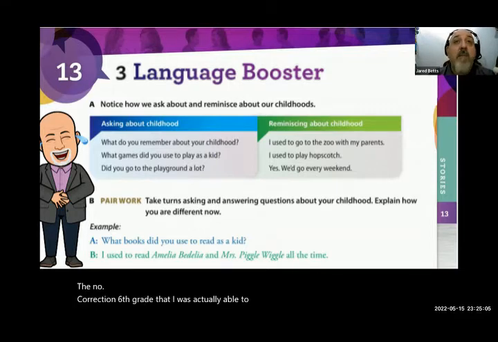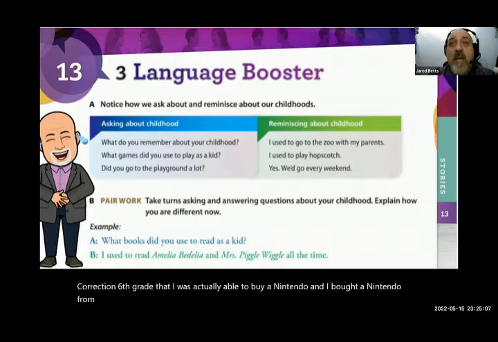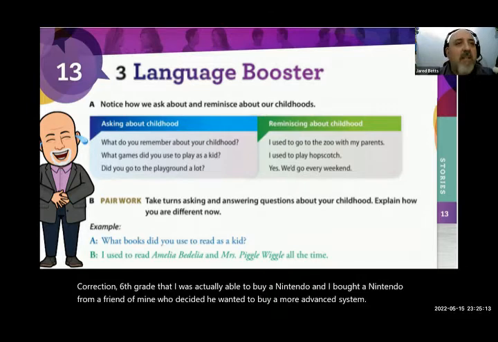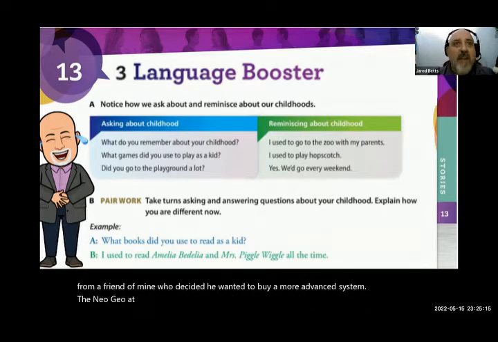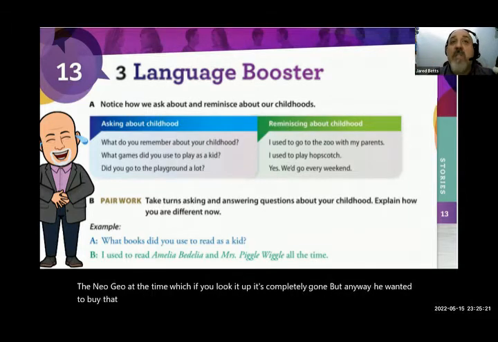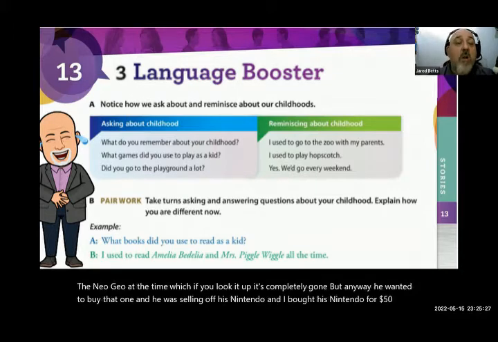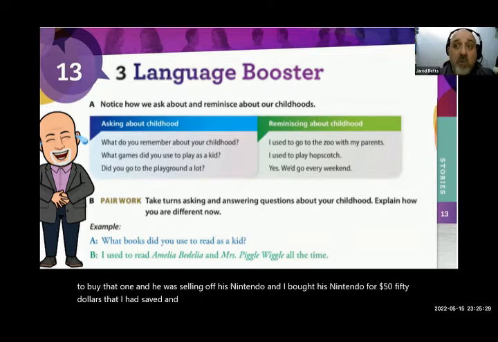I bought it from a friend of mine who decided he wanted to buy a more advanced system, the Neo Geo at the time, which if you look it up, is completely gone. He was selling off his Nintendo, and I bought it for $50, $50 that I had saved and earned. I was actually $5 short, and I had asked my mom, can I borrow $5 so I could buy this?